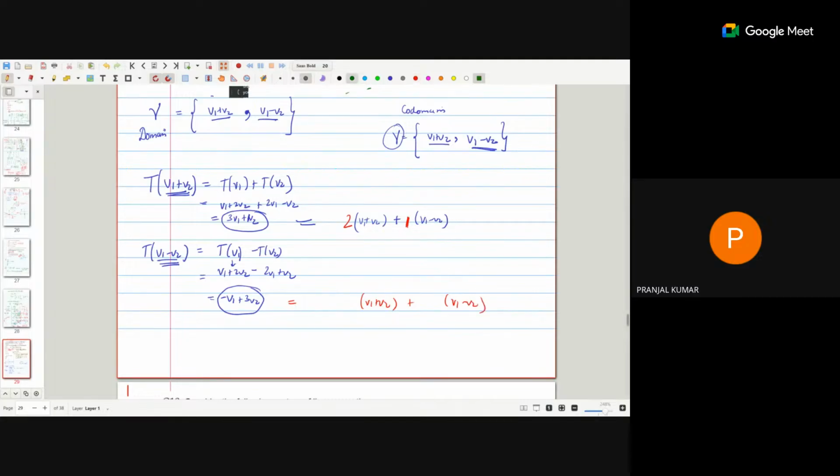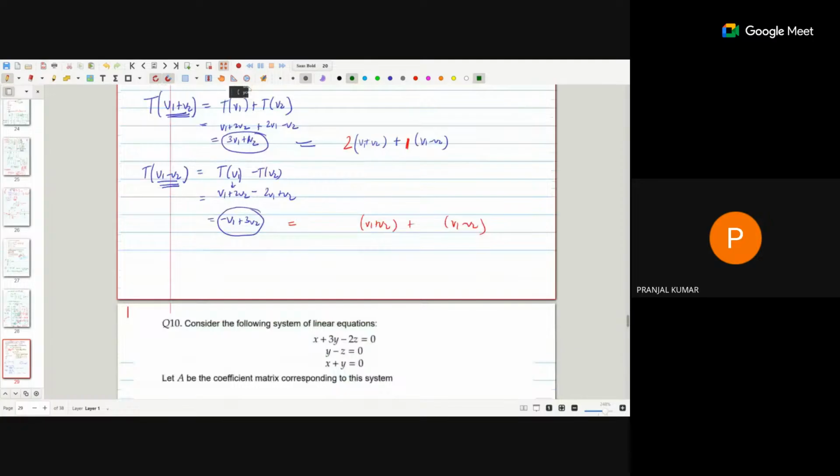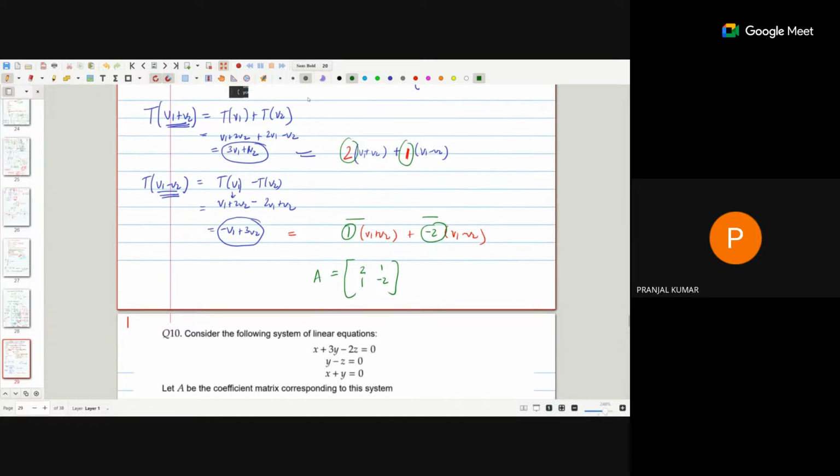So from here it was 1 and minus 2. Again, you can find them on your own. So 1 and minus 2. Now you just need to place these as columns. So 2, 1, and then these as 1, minus 2. Are you getting this? Is this clear? Yes, sir.